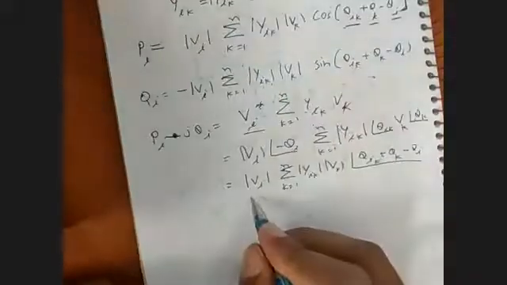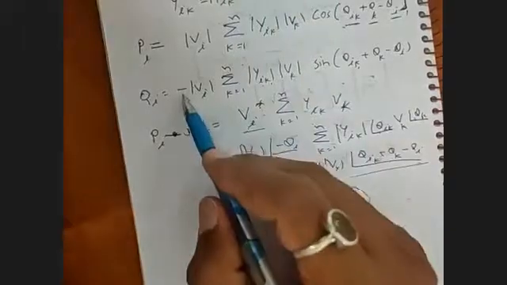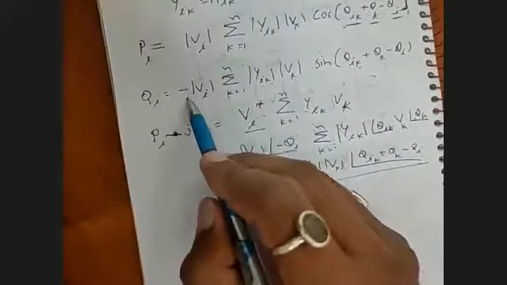Now we have to find out the real part of this, so that will be cos, and the imaginary part will be sine. And because Qi is the negative of this sine, this is the final equation you must remember.